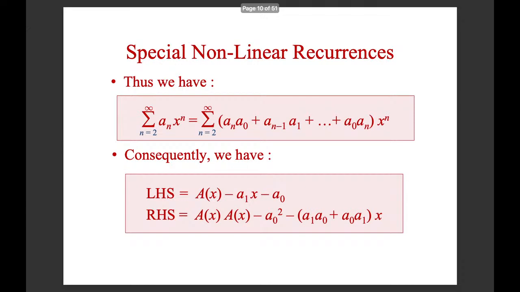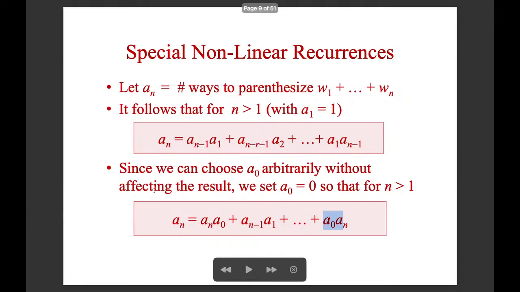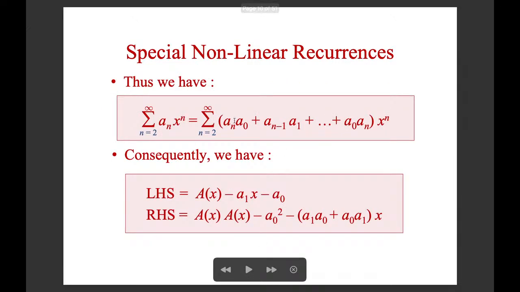And using the previous idea, we multiply x to the power n to every term here, and to the convolution here. So we get something like this. The left-hand side here will be something related to the generating function A(x).